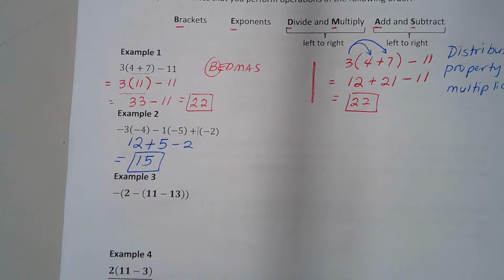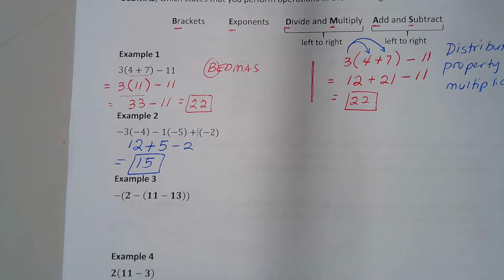So you're doing -3 times -4, which becomes positive 12. There's your bracket. Multiplication right there, right? And then you've got a section here. So you went continuing on.